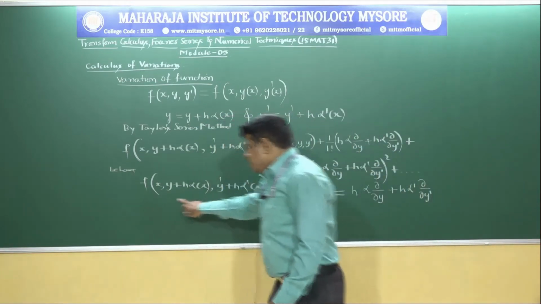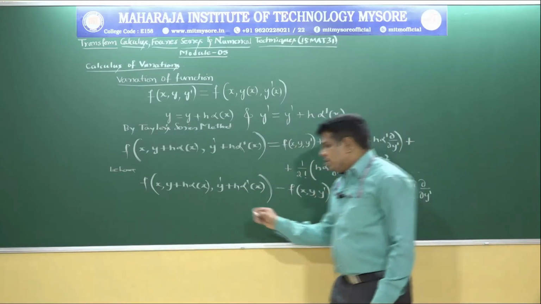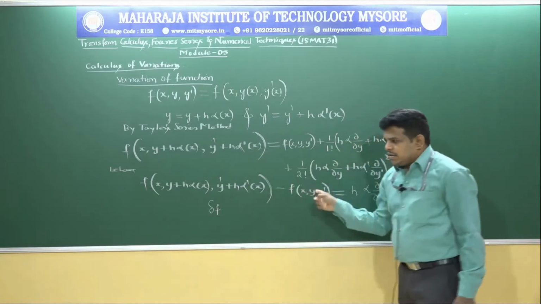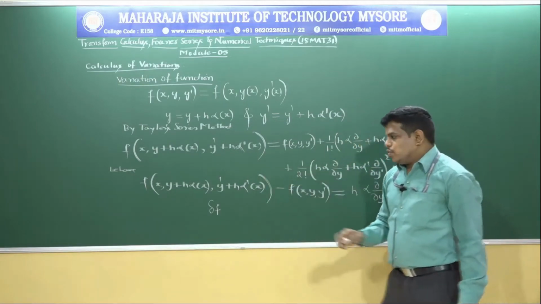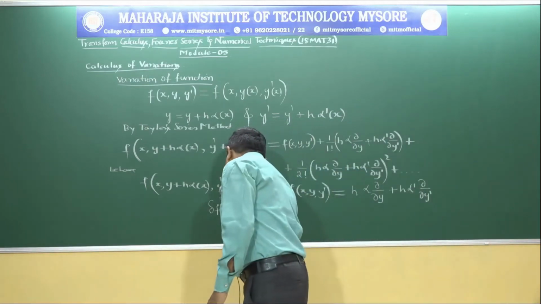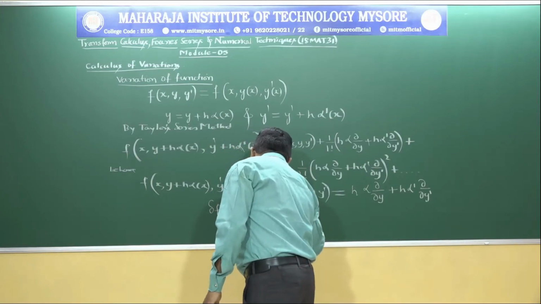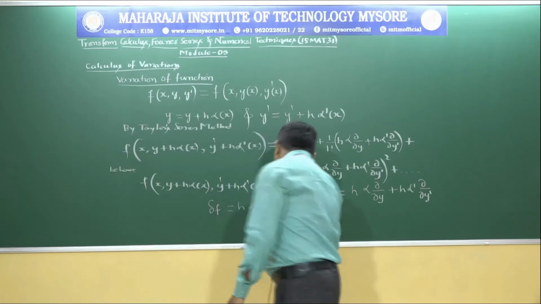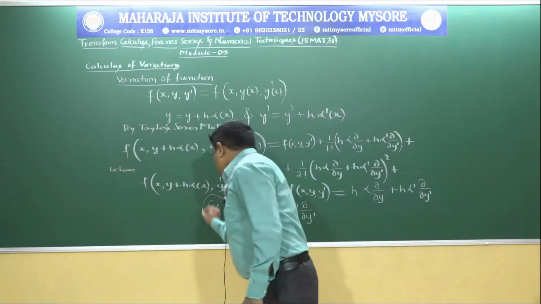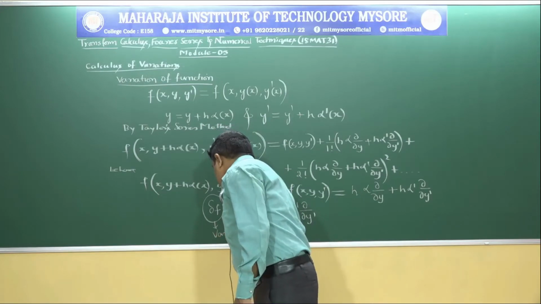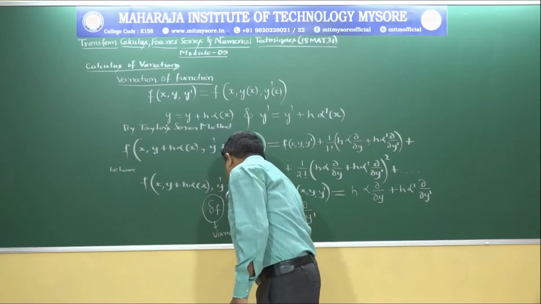Denoting the right hand side by dou f, that is equal to h into alpha into dou by dou y plus h into alpha dash into dou by dou y dash. Here dou f is called variation of function.